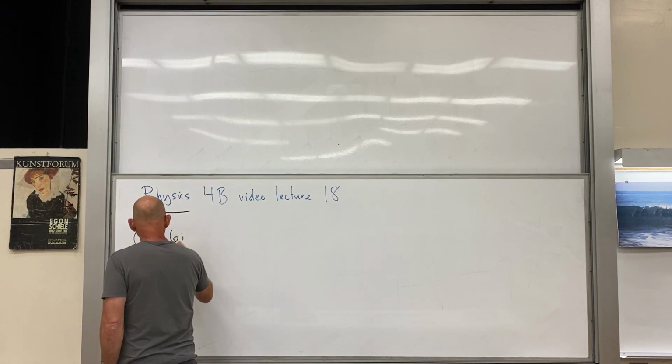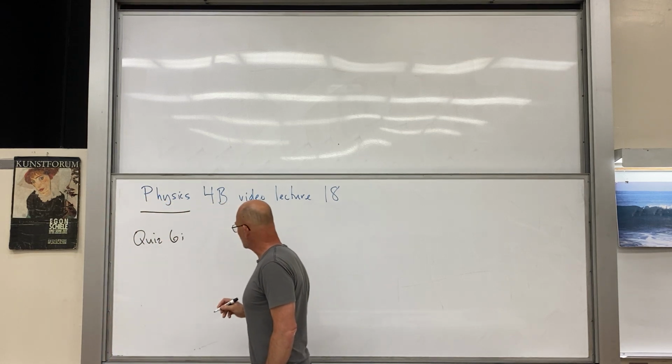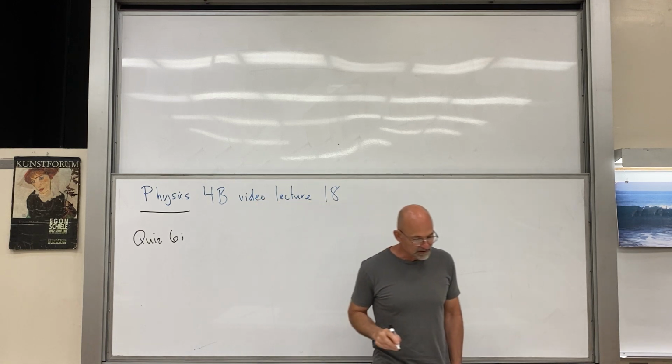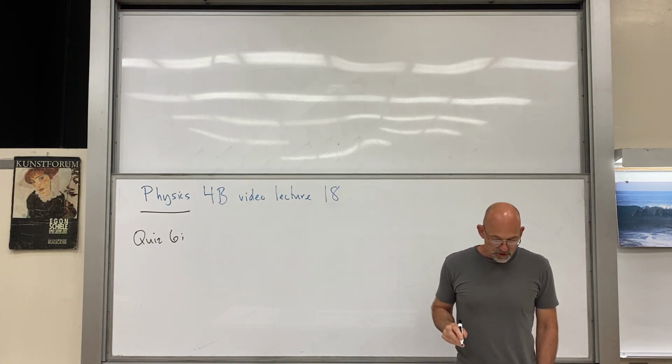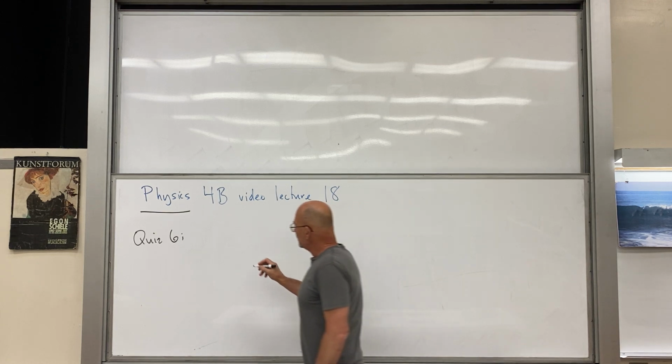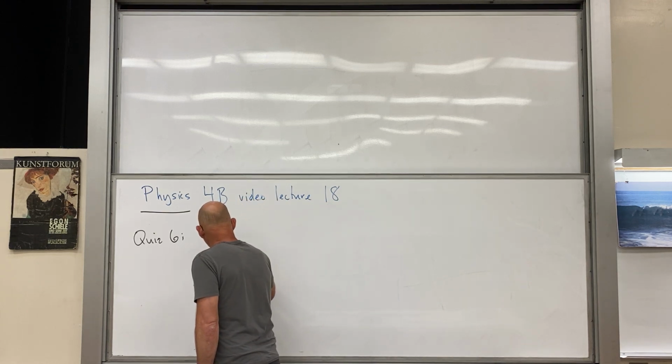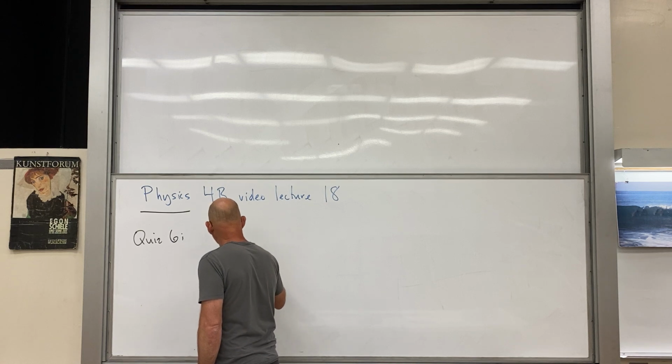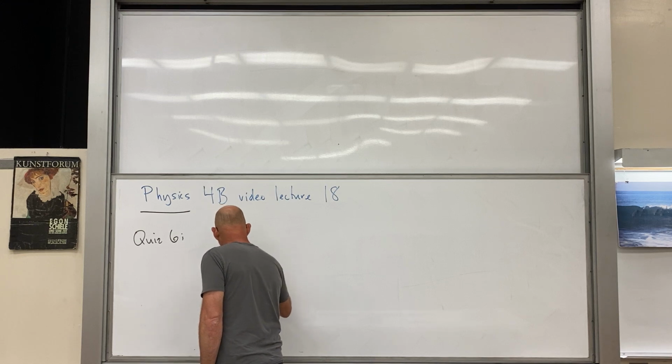So quiz 6, there was an electric field. Charged ball of a given mass in an electric field. So what we have is a mass and it's carrying a charge and it's subject to gravity.